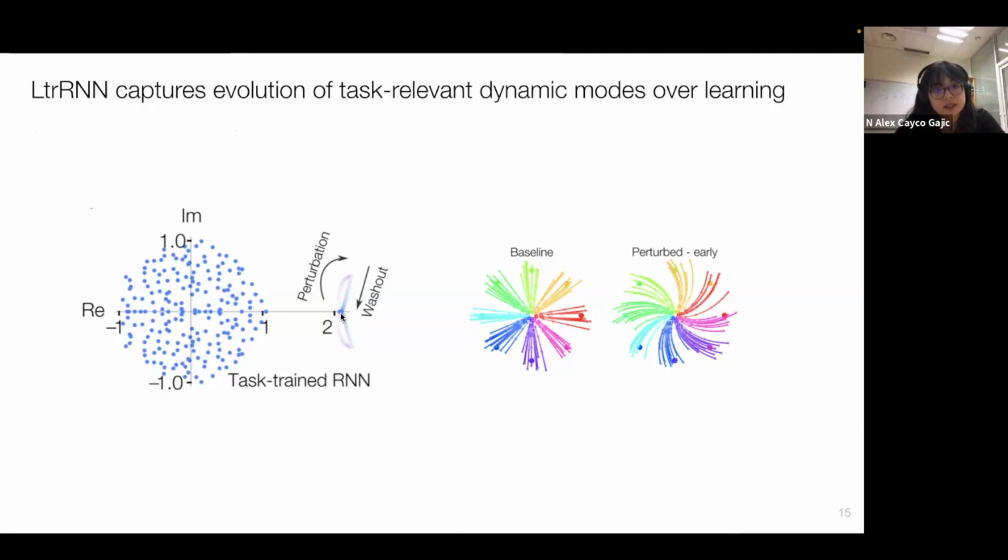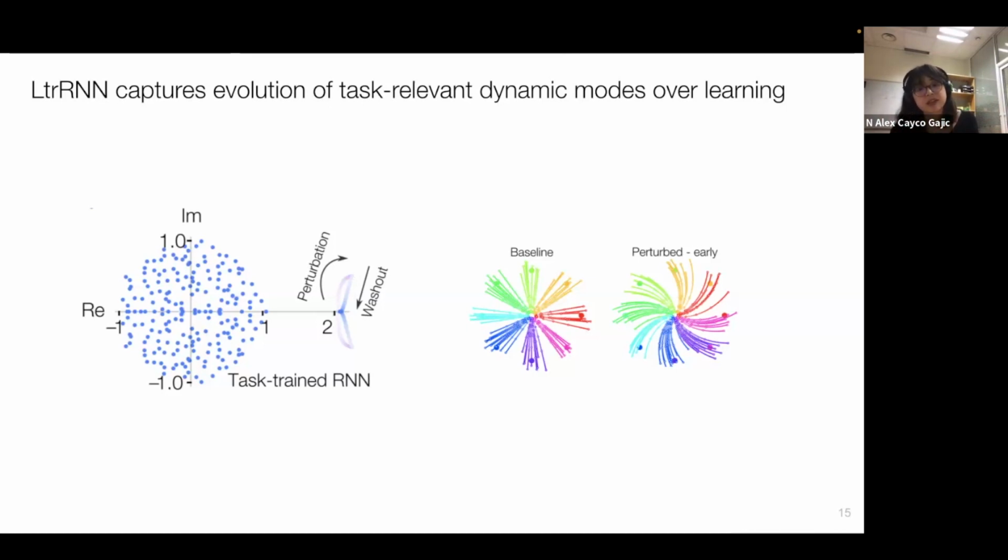And what you see is that they start real, they become complex during the perturbation because the RNN has to make these rotational trajectories, right? And then during the washout, the rotation has to go away. So it goes back to the real line. So that gives us some intuition for how this task-trained RNN is actually performing that task by looking at the eigenvalues as they change over trials.